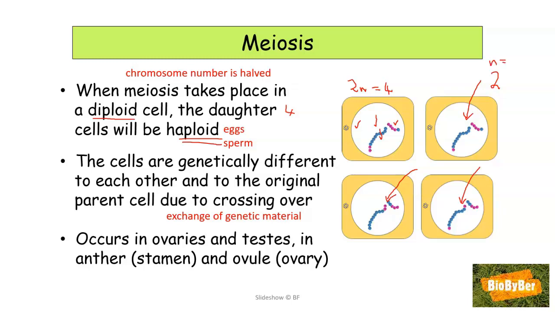Not only do these cells just have 2 chromosomes each, but the chromosomes in each of these cells will be different to each other due to the process of crossing over. You can see the 2 chromosomes here in this cell on the top right are different genetically from the 2 chromosomes in the cell here in the bottom right.